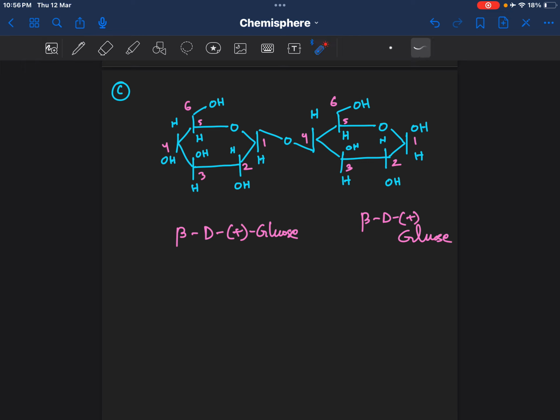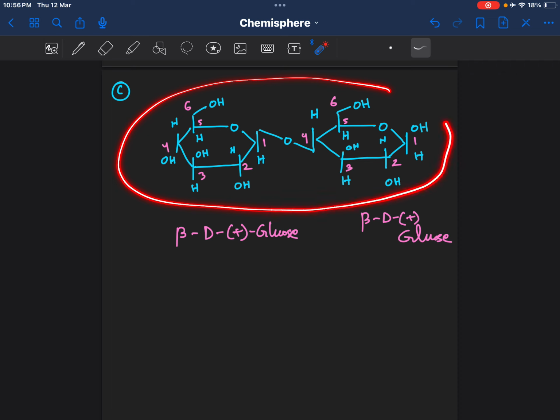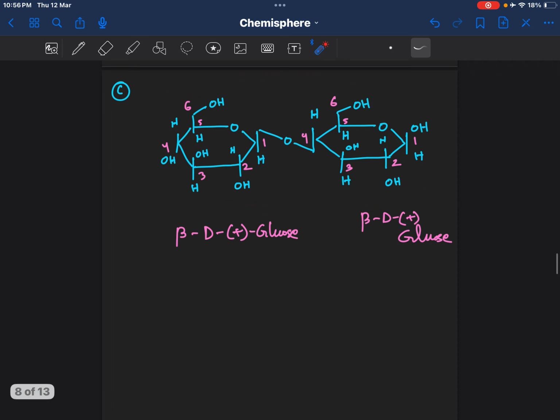In this disaccharide, let's put a star at each reducing center. One reducing center is busy forming a glycosidic linkage, understood. But the other carbon is free. It can revert back to the aldehydic form and reduce Tollens or Fehling's reagents. Therefore, this is also reducing.